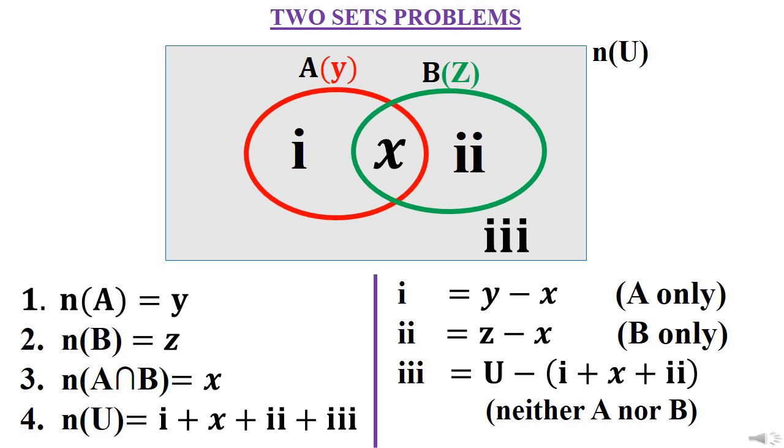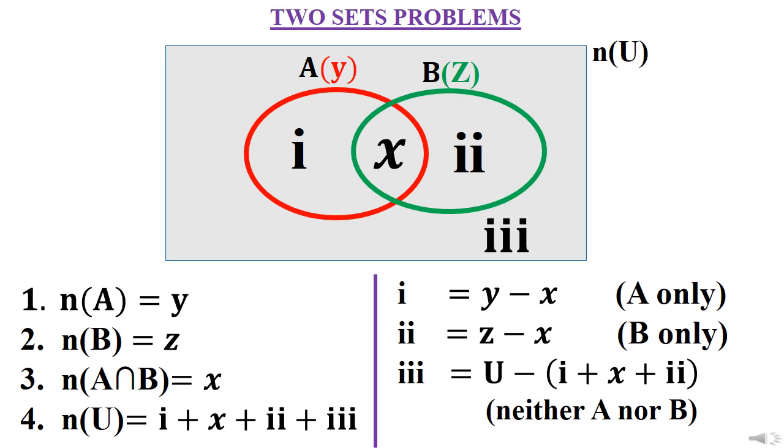For example, let's say 10 students offer accounting. Since there is no only attached to this accounting, then these 10 students will be put in place of the Y. Let's say 20 students offer biology.